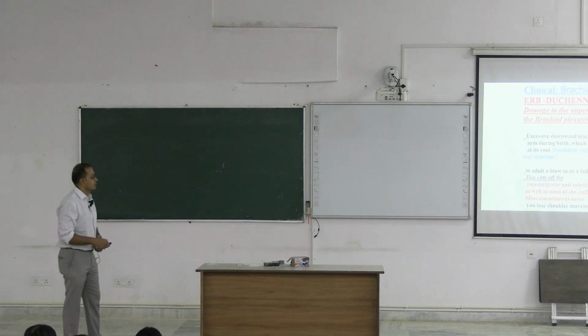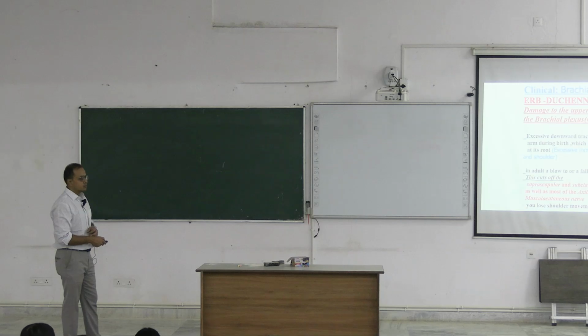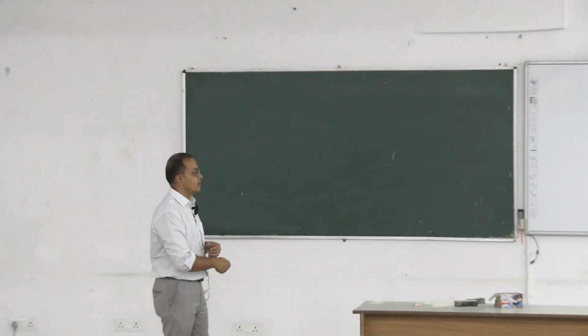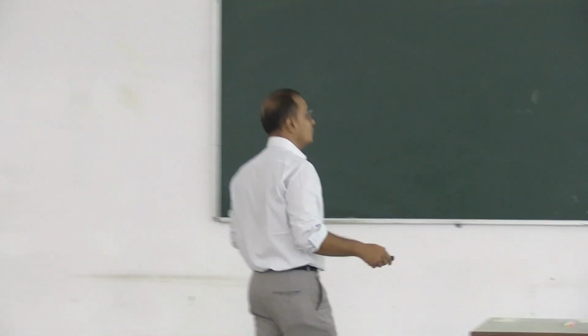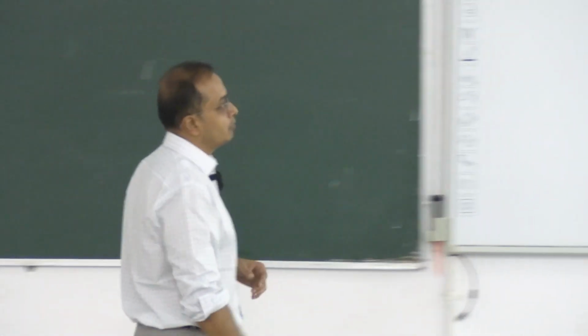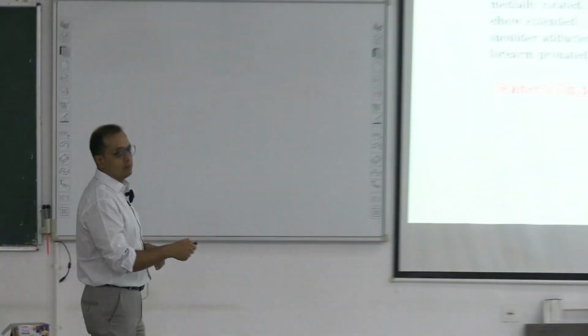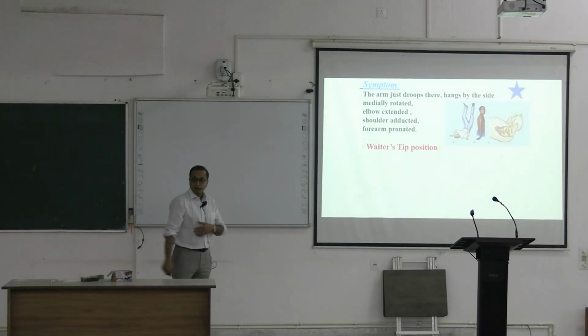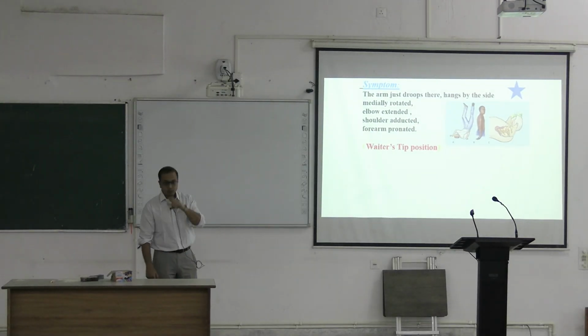We have axillary nerve injury, musculocutaneous nerve injury, suprascapular nerve and subclavius nerve injury. Now we have a loss of shoulder movement. The individual with this problem will have the arm hanging by the side, medially rotated, elbow extended, shoulder adducted close to the body, and forearm pronated, which gives this clinical presentation. We call it the waiter tip or policeman tip position.